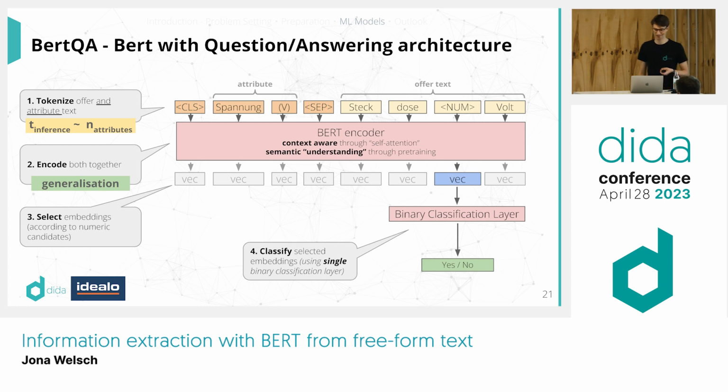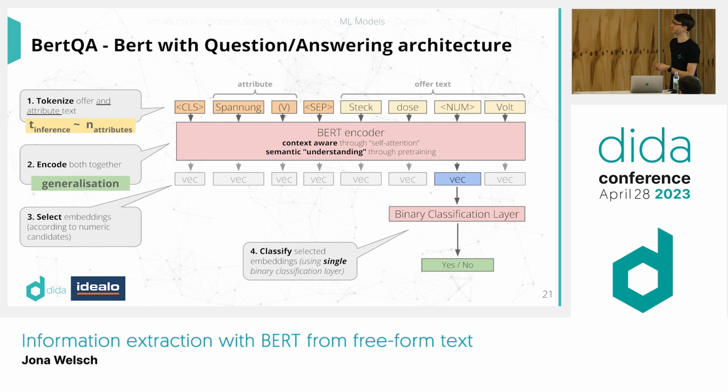And this has the nice effect that now I don't need a category-specific classification layer. I don't even need a multi-class classification layer, but I can just have a single classification layer which gives me a yes or no answer, answering my question whether this number corresponds to the inputted attribute up here.